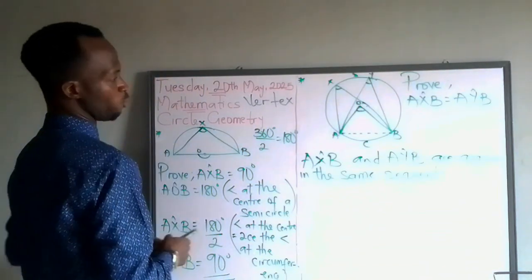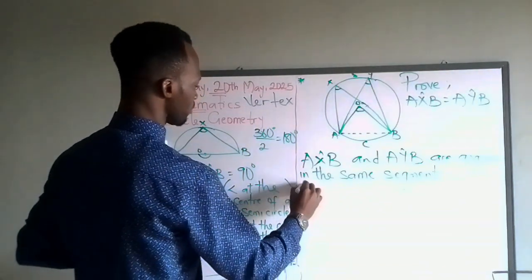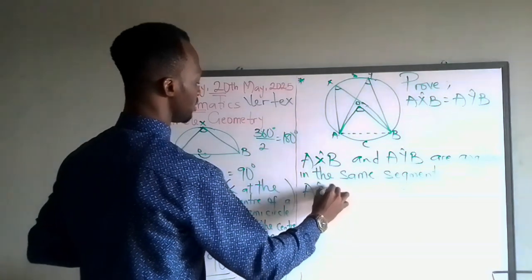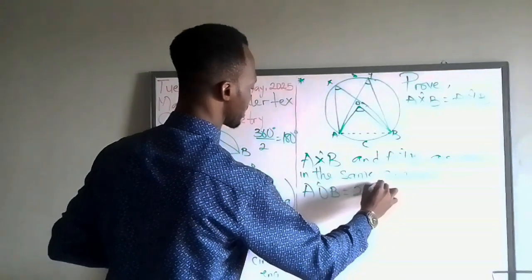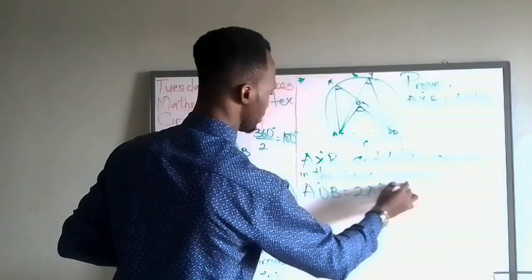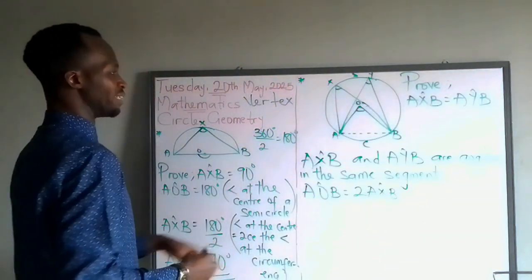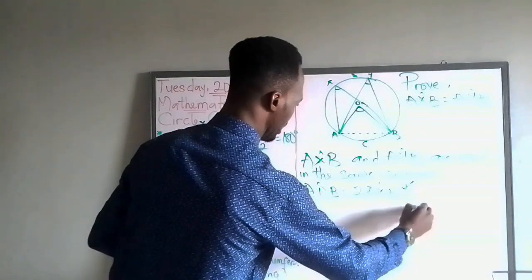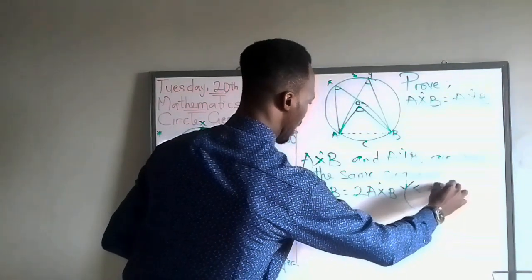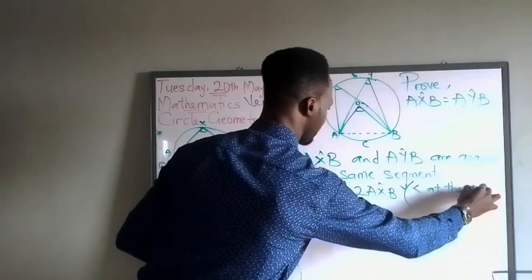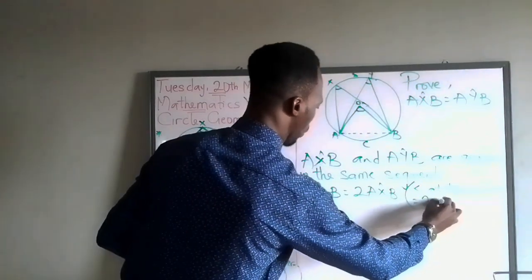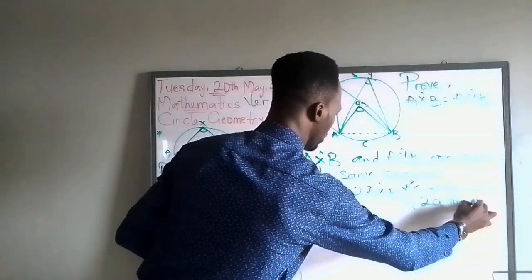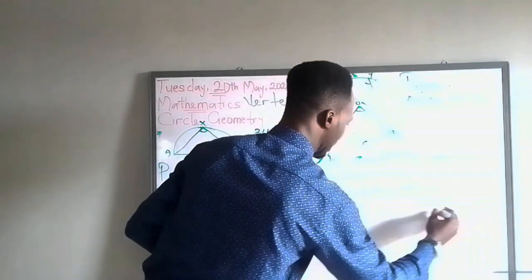So here we will say that AOB is twice AXB. The reason is: angle at the center is equal to twice the angle at the circumference.